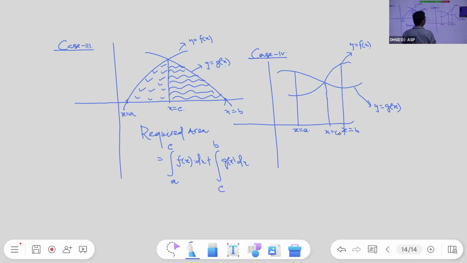In the interval a to c, upper curve is g of x, lower curve is f of x. In the interval c to b, upper curve is f of x, lower curve is g of x.